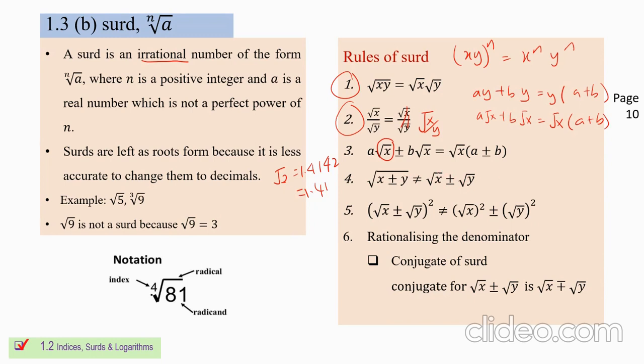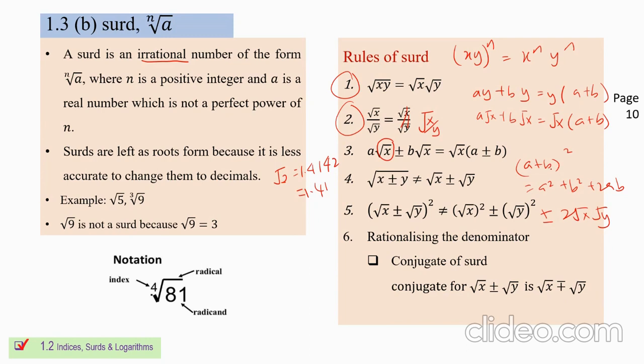So please don't fall into this trap. Then for number 5, if you still remember, (a plus b) squared is a squared plus b squared plus 2ab. So for number 5, you still have plus or minus 2 surd x surd y. You need to expand according to the expansion of (a plus b) squared.